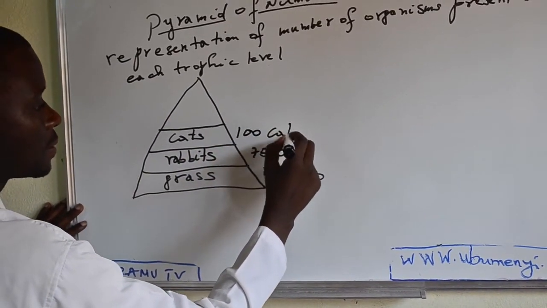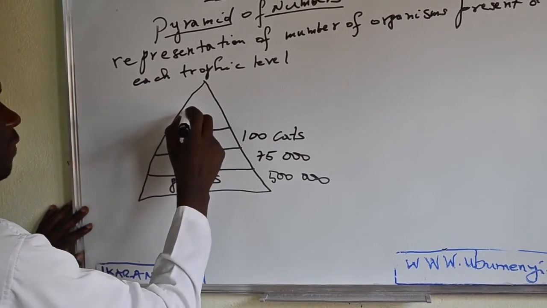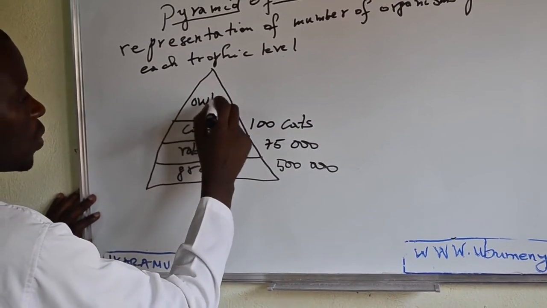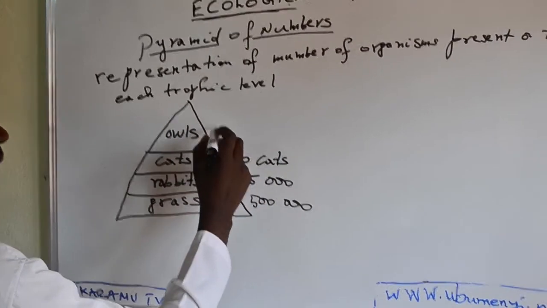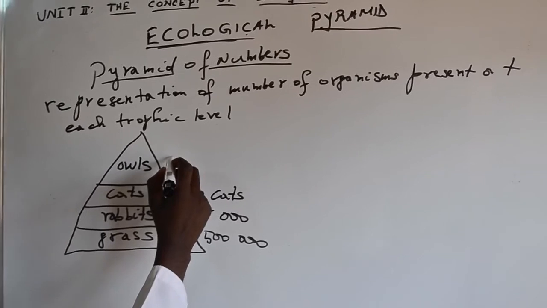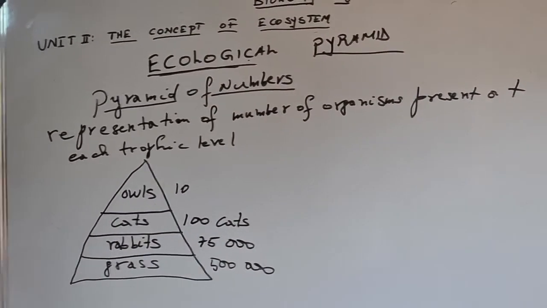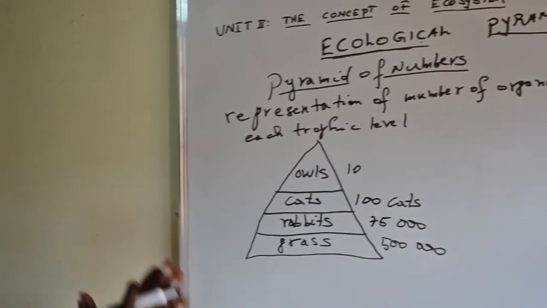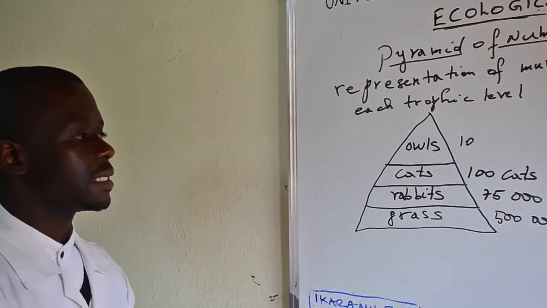And these can be eaten by, for example, owls, which will of course be of a lesser number, like 10. This shows that as we move up the pyramid, the numbers decrease.